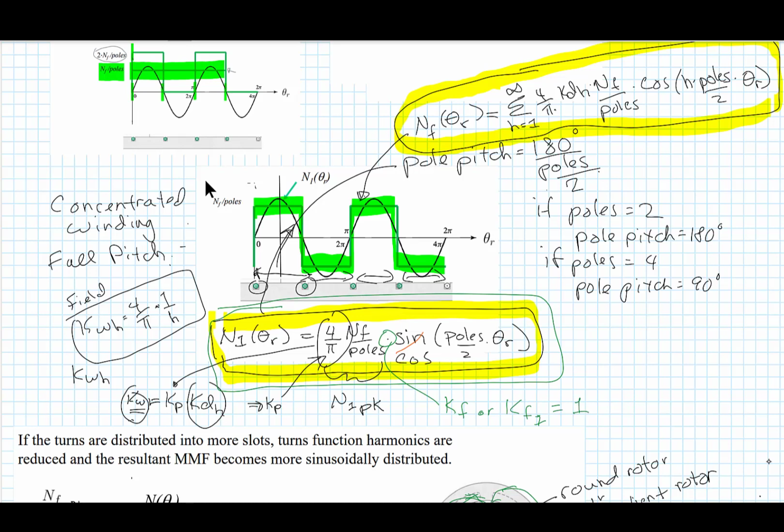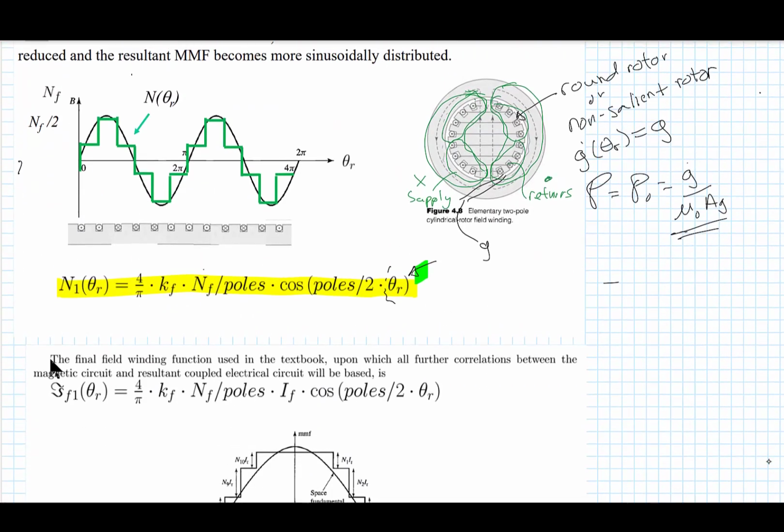It's equal to 1 here, but here it's not equal to 1, so we have to add that factor in, and that takes into account the distribution of the turns into slots.